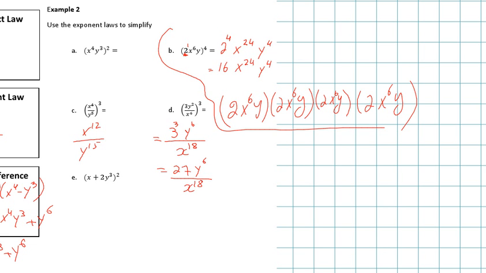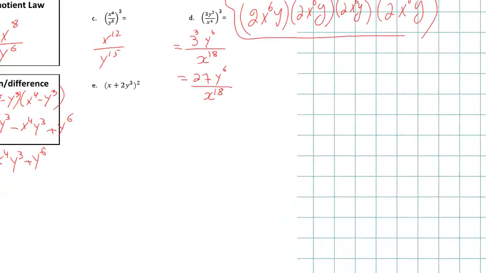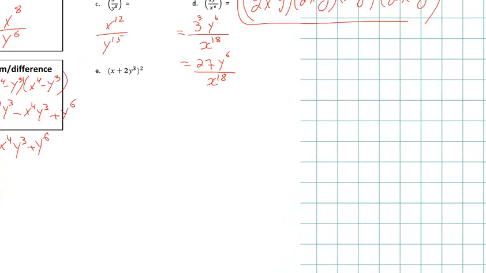Can I use the distributive property for the next one? No, because there is a plus sign. So I have to use the FOIL method for this one.